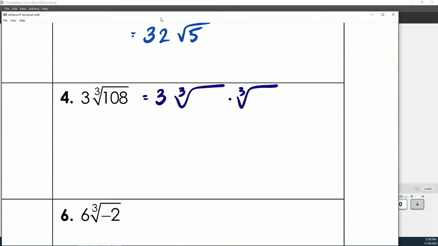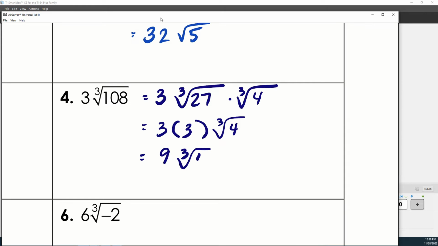Okay, so it's going to be the cube root of 27 times the cube root of 4. And you can look from your table or your calculator. The cube root of 27 is just 3. So you get 9 cube root of 4.